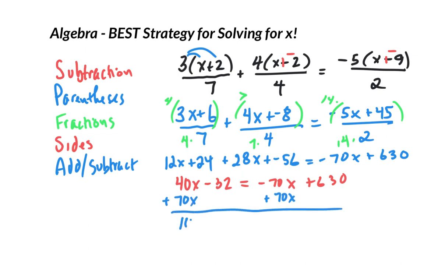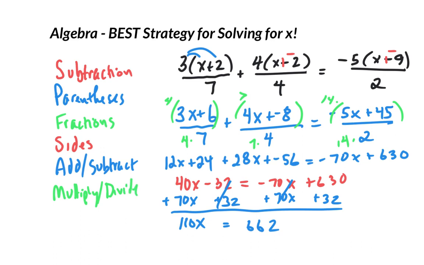So I've got 110x, and I'm going to add the 32 to both sides. So equals 662. So we add or subtract to get our x's on one side and non-x's on the other side. And our last step is to multiply or divide to solve.